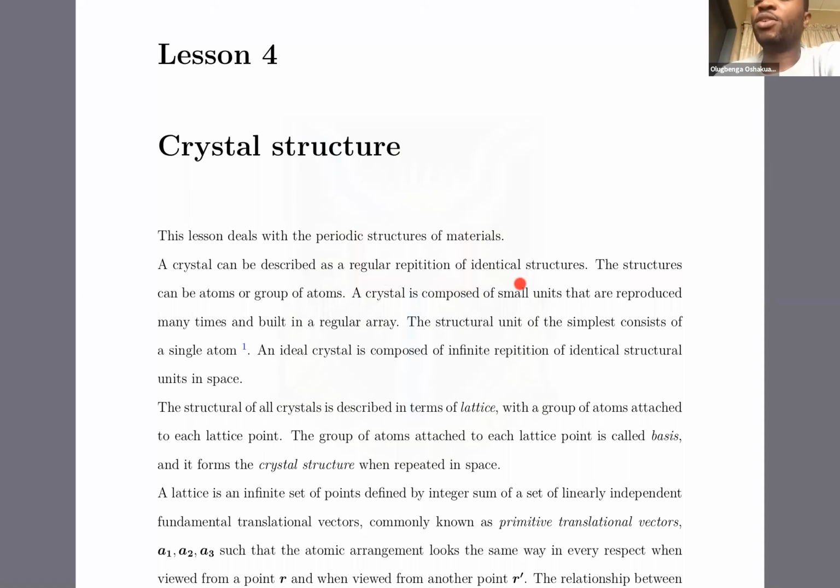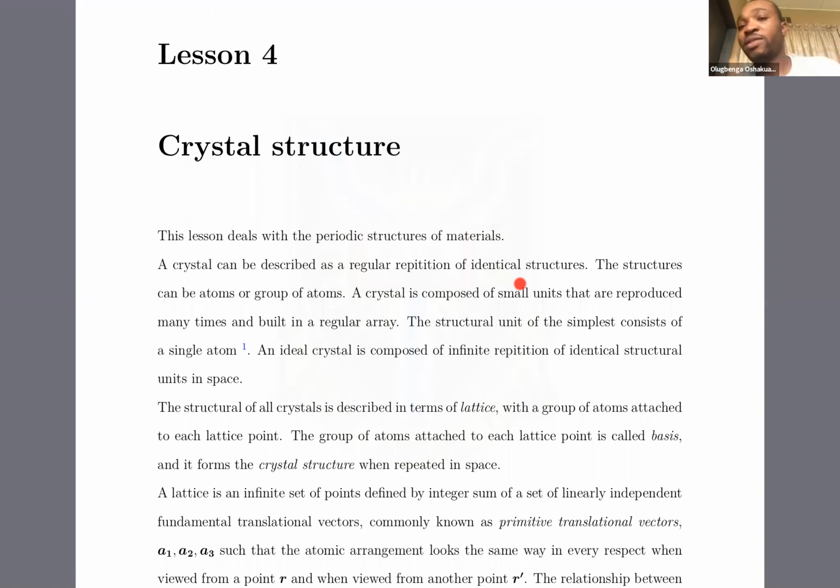When we're talking about crystal structure, we usually talk about lattices. Lattices are like imaginary points in space, and when those points are occupied by atoms, they create what is called a crystal structure.